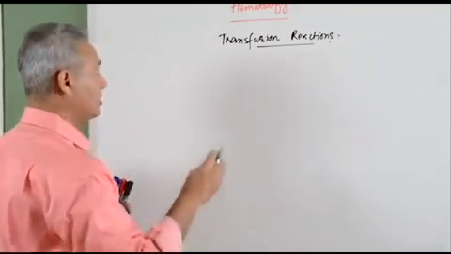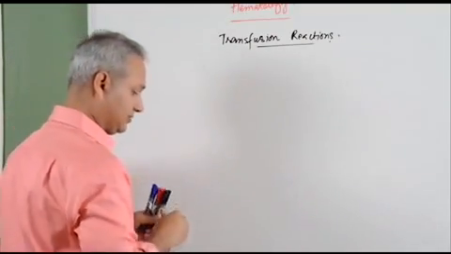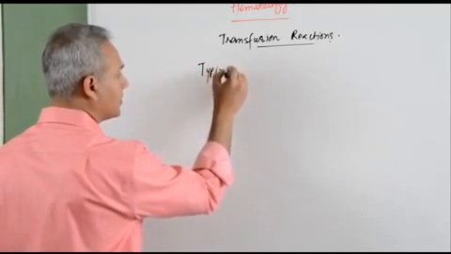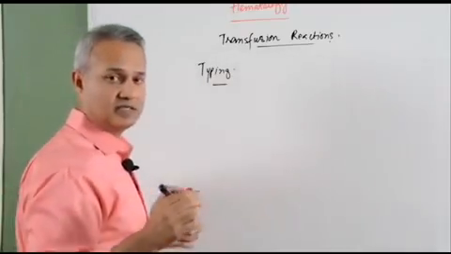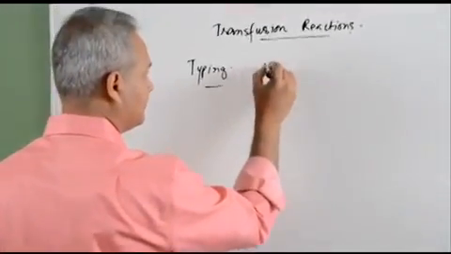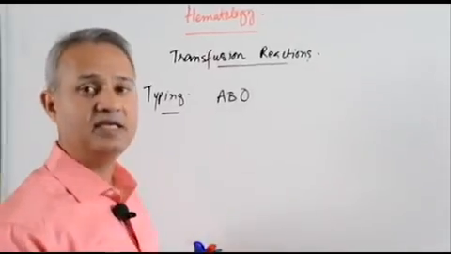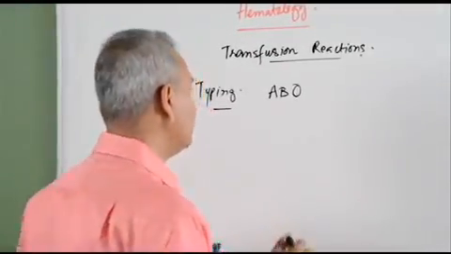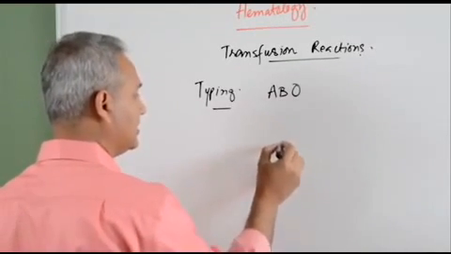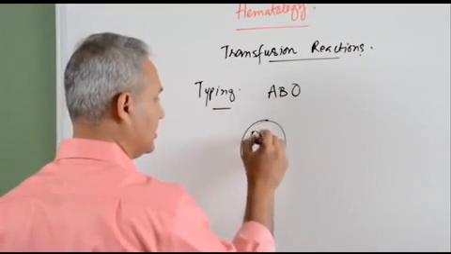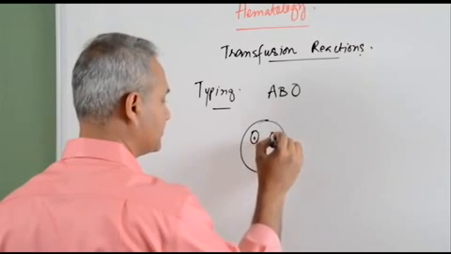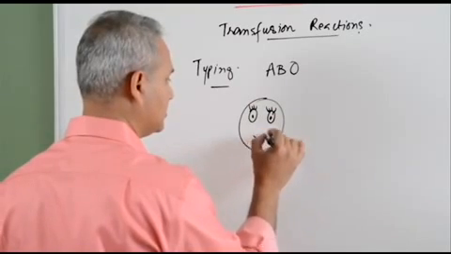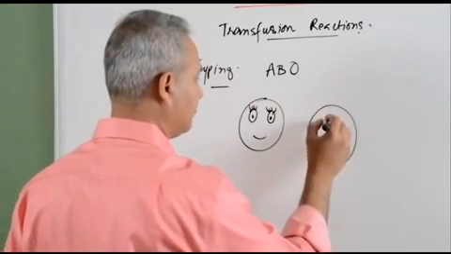Let's start with, first of all, what we mean by blood typing. Blood typing is based on the ABO system, and what that means is that in every individual, me, you, anybody else, we all inherit. So let's say this is a mother, and here is a father.